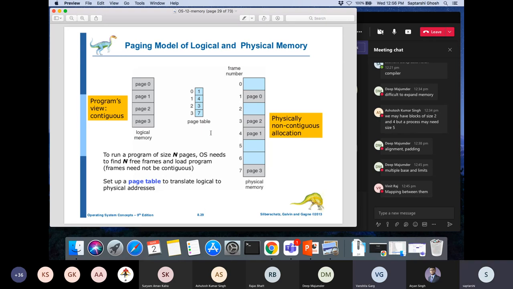Earlier it was called a segment table; now, because this scheme is called paging, we call it a page table. The page table says that page 0 in the logical memory is stored in frame 1 in the physical memory. Similarly, page 1 in the logical memory is stored in frame 4 of the physical memory, and so on.